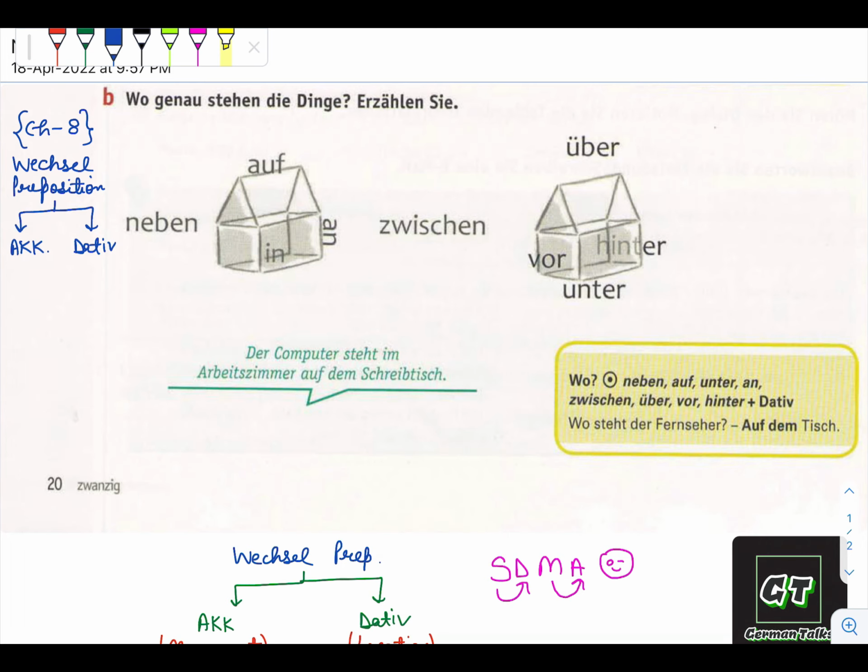It is very important to practice the examples of all these, because it will come in your exam, and sometimes it will create confusion. If you don't know these prepositions, you will find difficulty in your A2 and B1 level.